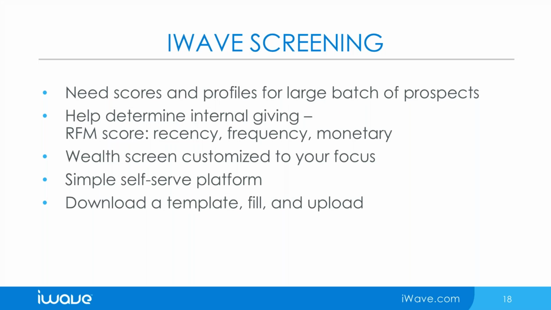The important thing here is that for iWave, our screening looks at more than just wealth. We're also looking for philanthropic records and contact information. So you heard Alex talk about the 1.25 billion records. Those would include wealth, philanthropic, and more than that. So think of it like doing a 360 search and generating a score for each prospect simultaneously.